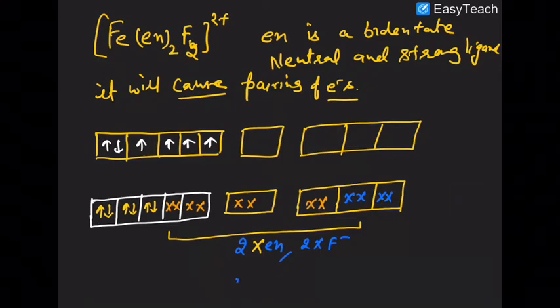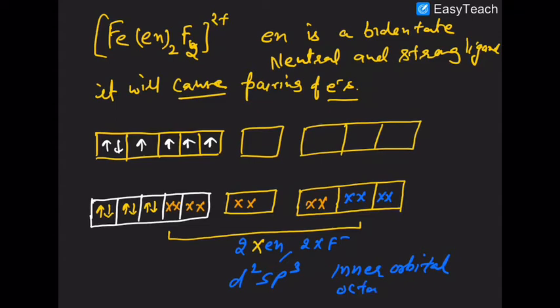So what you are getting is d2sp3. Now in this case it is inner orbital octahedral. It is what? Inner orbital octahedral.